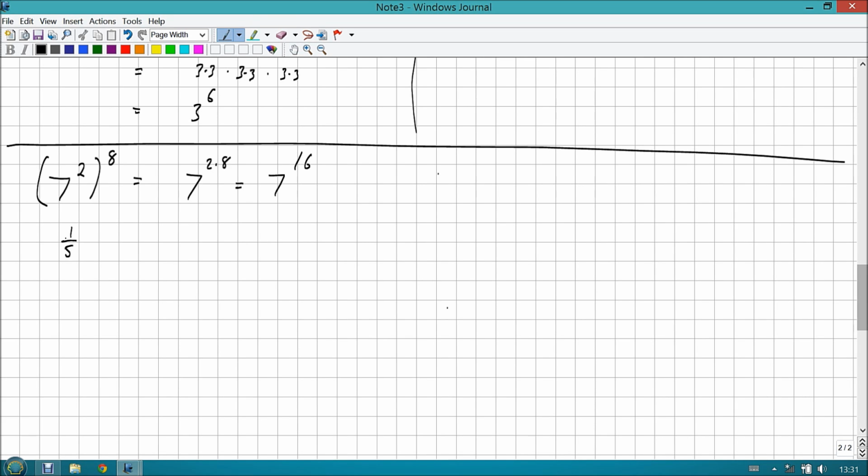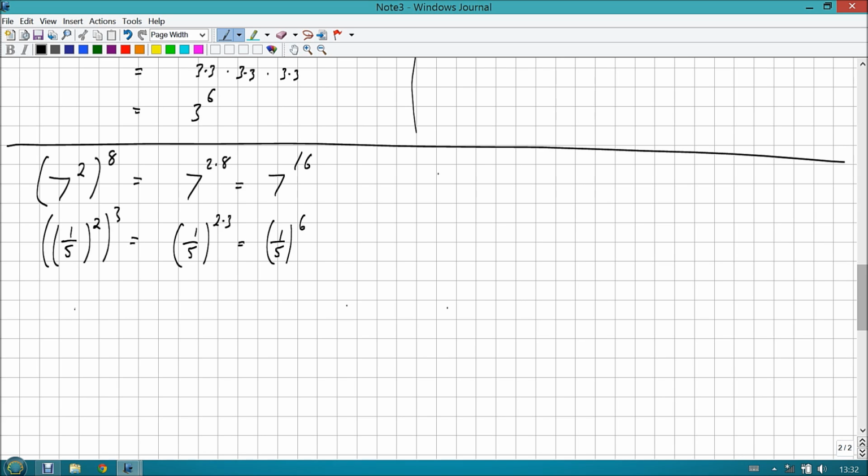What if we have 1/5 squared raised to the 3rd power? What do you think we're going to do? Well, that becomes 1/5 raised to the 2 times 3, which is 1/5 raised to the 6th.